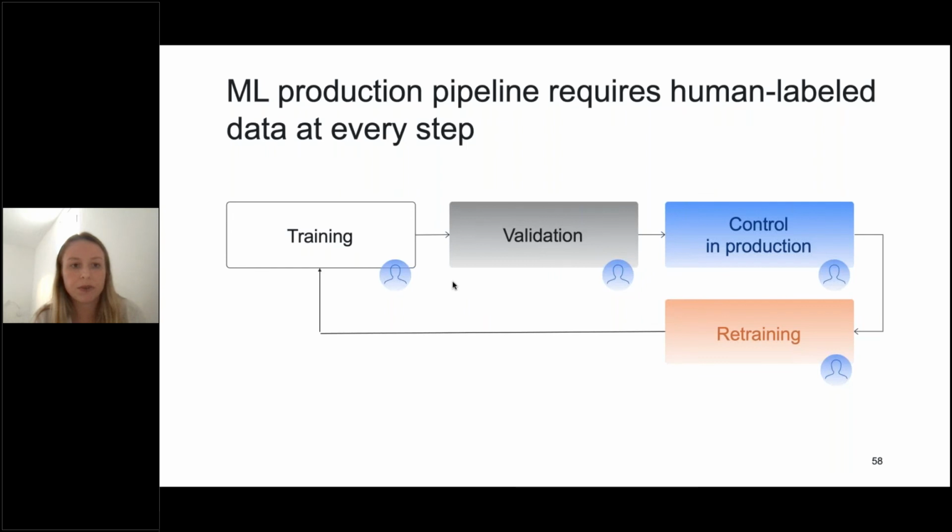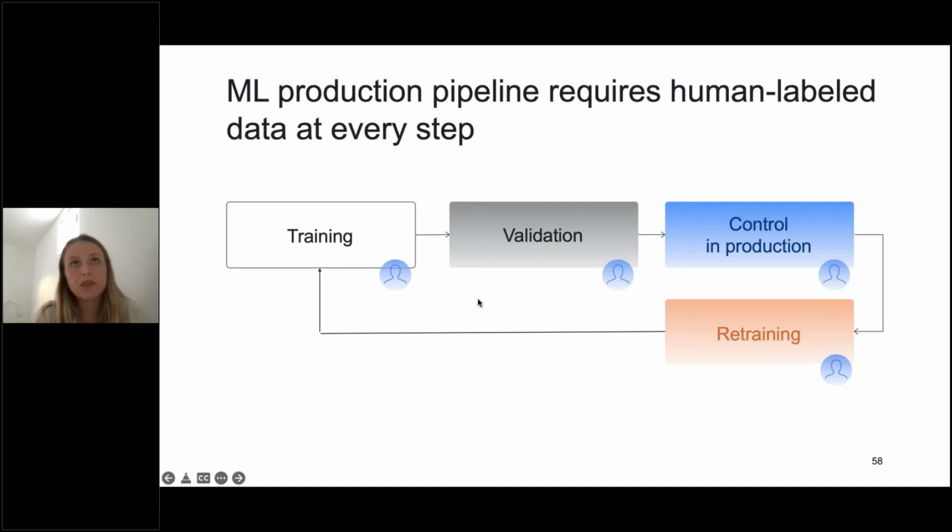And I wanted to show you again here the machine learning pipeline with a human label at every step. Normally the training, validation, retraining, and monitoring is done using code. A lot of data scientists probably work with Python, maybe with some Java and different programming languages.